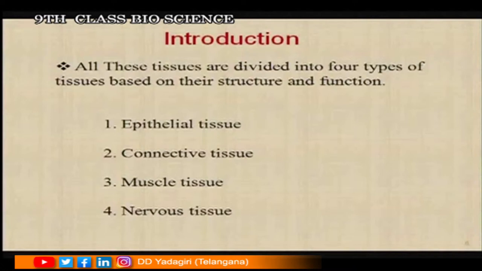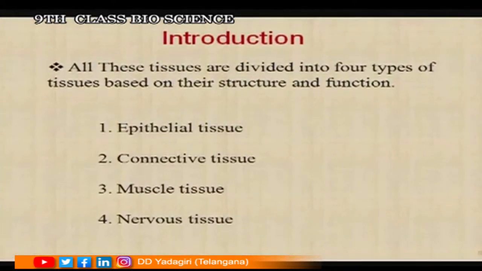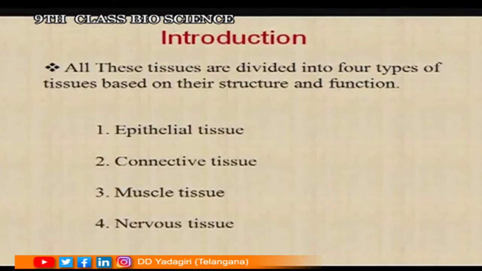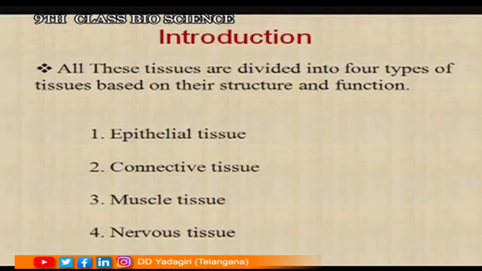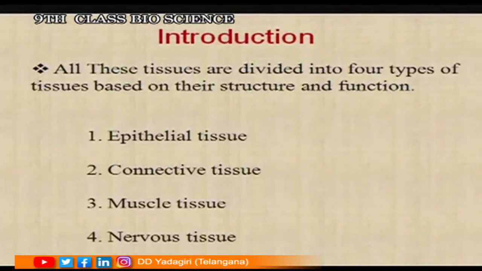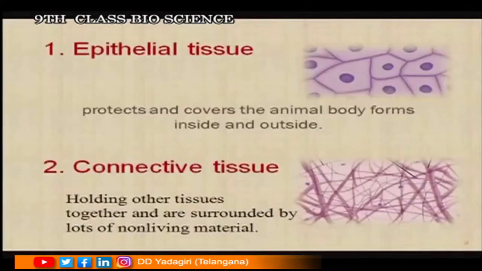Now, all these tissues are divided into 4 types based on their structure and function: 1. Epithelial tissue, 2. Connective tissue, 3. Muscle tissue, 4. Nervous tissue. Let us have a brief introduction about these 4 types of tissues. 1. Epithelial tissue protects and covers the animal body, forming the inside and outside linings. 2.